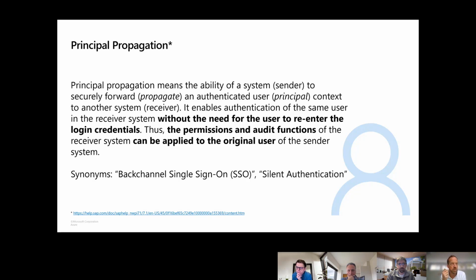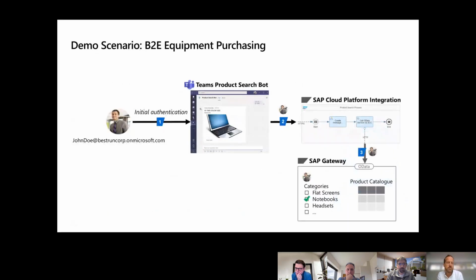And from that point on, the user context should be securely and silently propagated across all of the systems that are connected to this initial application or system where the user initially logged in. Yeah. So that's the whole story about principal propagation. And let's put that in the context of the demo scenario that I would like to show you today.